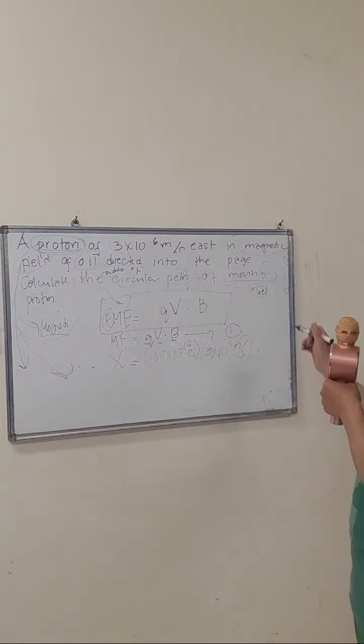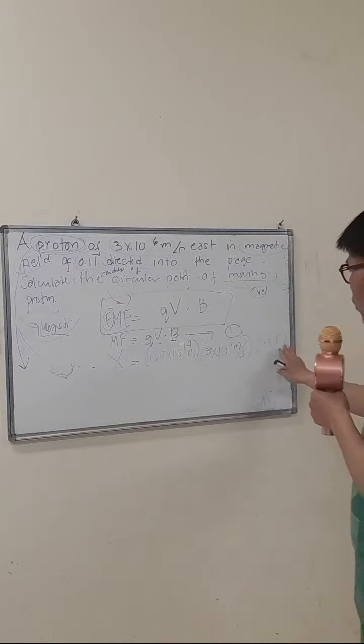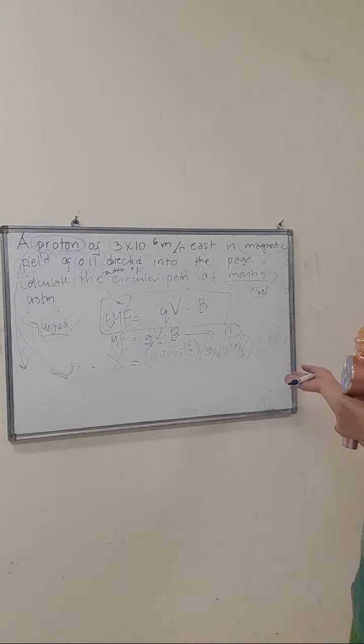Now it's mentioned, substitute directly the 0.1 Tesla. Okay. Now, if you plug in the units, try to check also the breakdown of the units so that it will be cancelled.